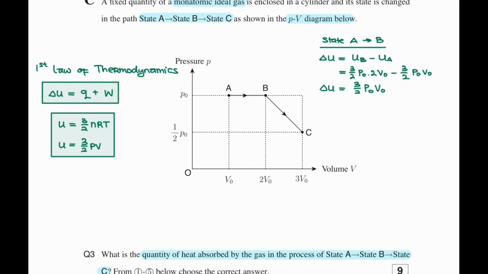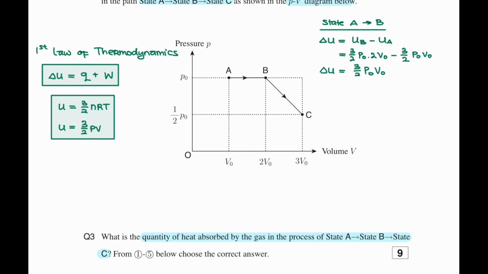Since the volume is increasing, that means the work is done by the gas. You have to remember my sign convention. If you have forgotten, I think you have to watch this video again. I already explained it when I explained the first law of thermodynamics.